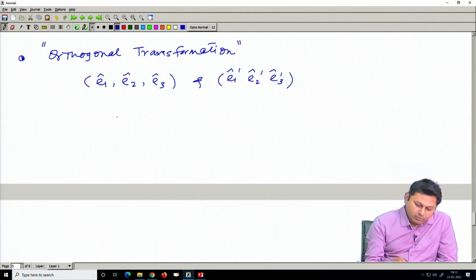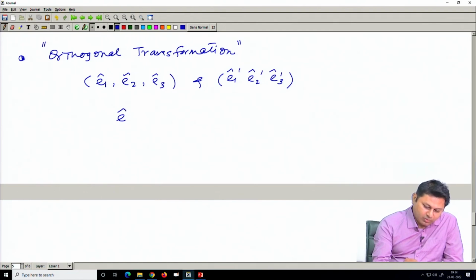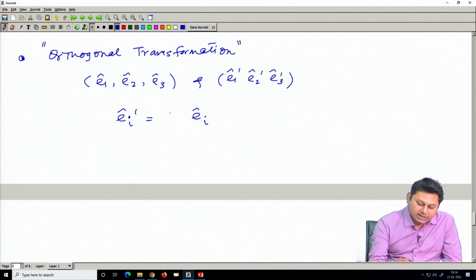So, the way we did in the previous case, if I generalize, E1 prime can be figured out from the set E1, E2, E3, but I need to have a matrix here.